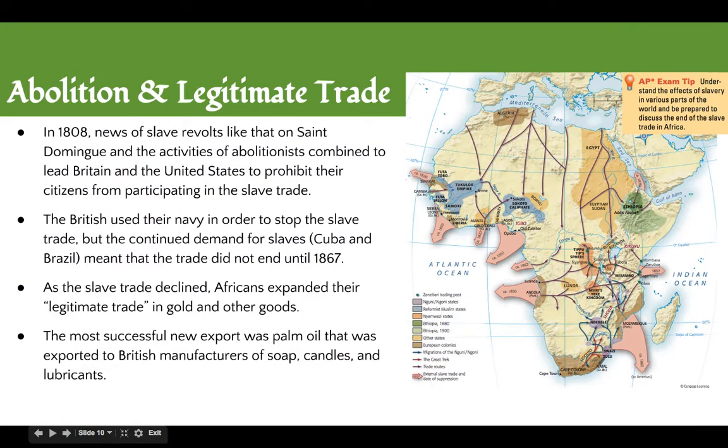By 1808, we see that news of slave revolts like we saw in San Domingue or Haiti, and the activities of abolitionists who were trying to end slavery combined to lead Britain and the United States to prohibit their citizens from participating in the slave trade.